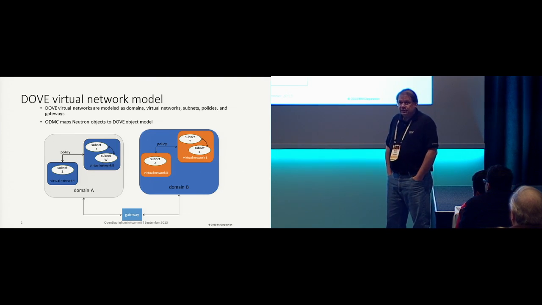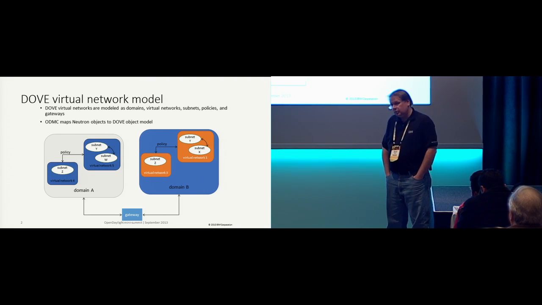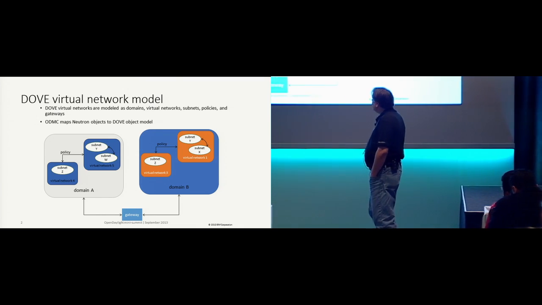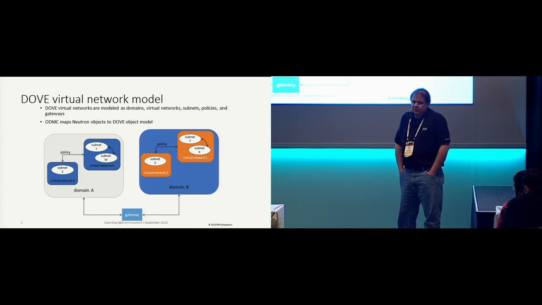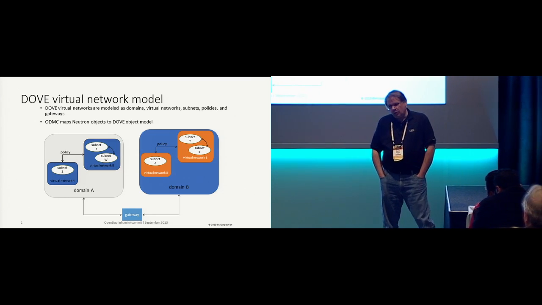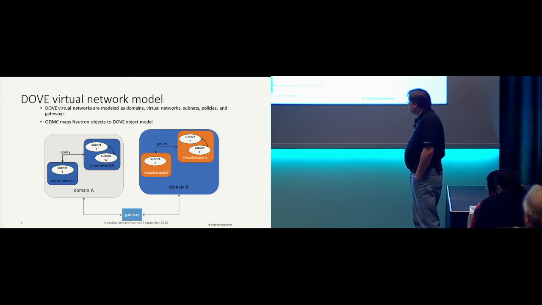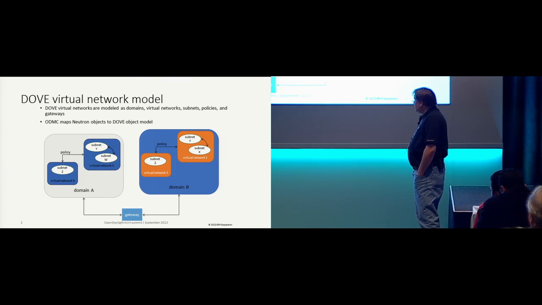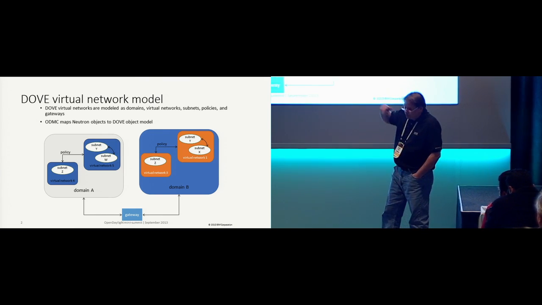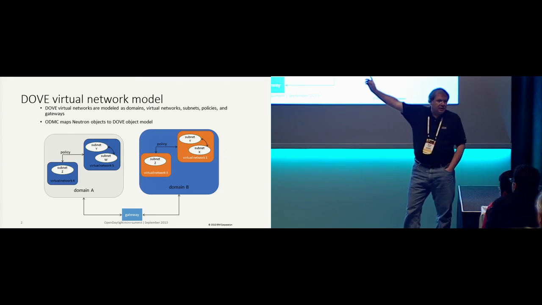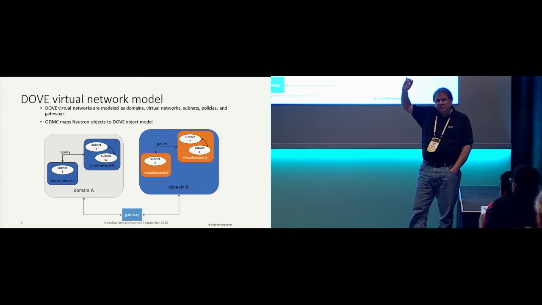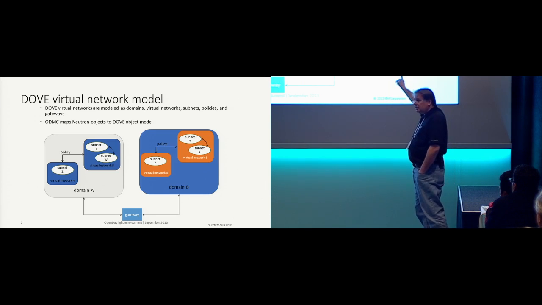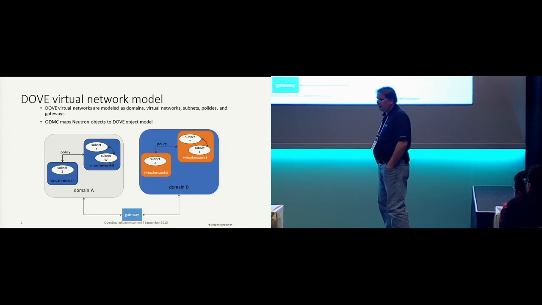Domains for us, if you're familiar with the Neutron or OpenStack model, is sort of our word for tenant. Virtual networks are fairly close to networks, not quite. Subnets, yada, yada, yada. The big thing to know, and this picture is showing, is that in OpenDOVE a domain is a hard administrative boundary.